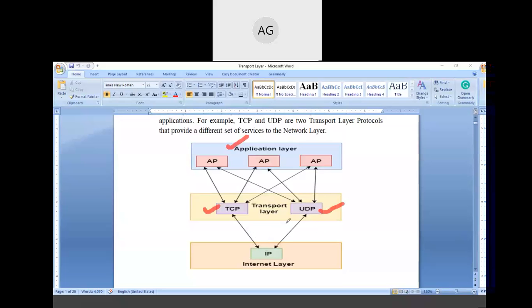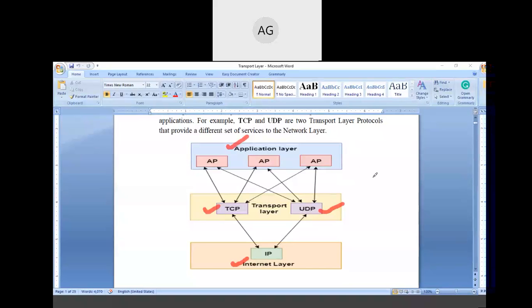After that, from the transport layer, they communicate with the internet layer protocol, and in the internet layer there is only one protocol, the IP protocol. So that's how the communication takes place from the application layer to the internet layer.